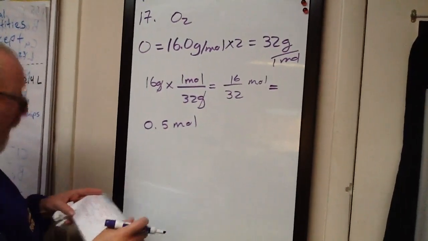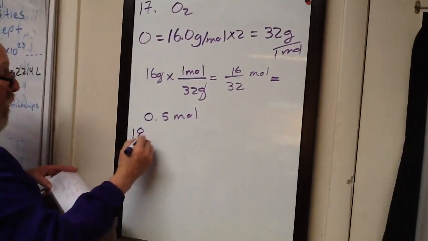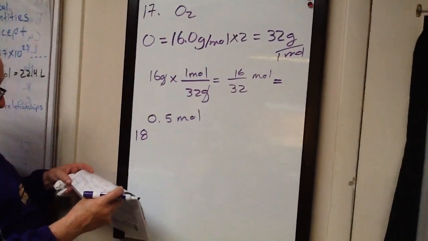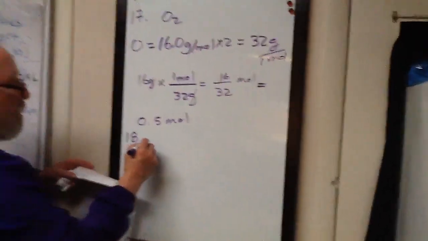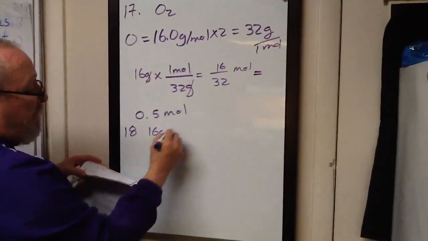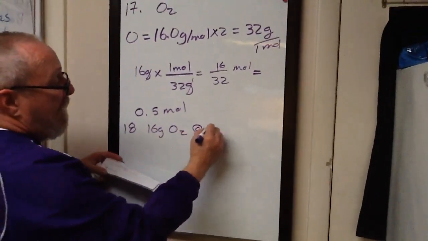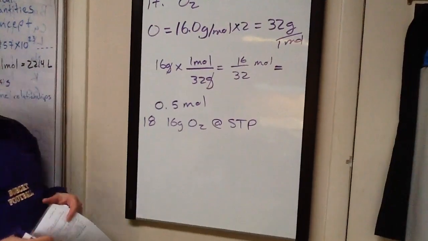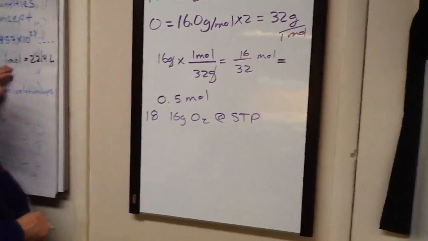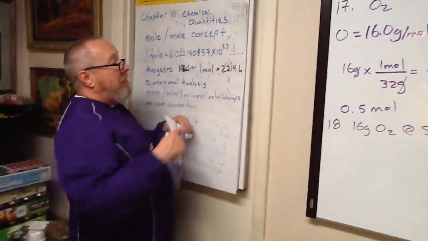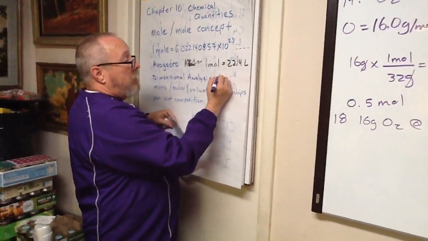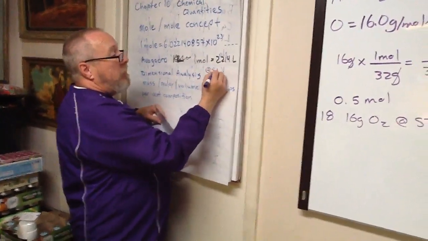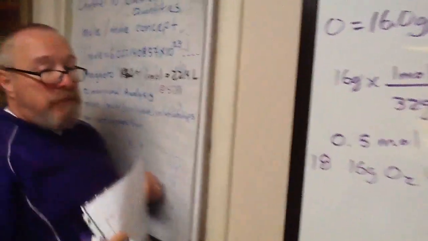It says in number 18, what is the volume of 16 grams of O2 at standard temperature and pressure? Okay, let me tell you what STP means, because when I say 1 mole of any gas equals 22.4 liters, that's only true at standard temperature and pressure.